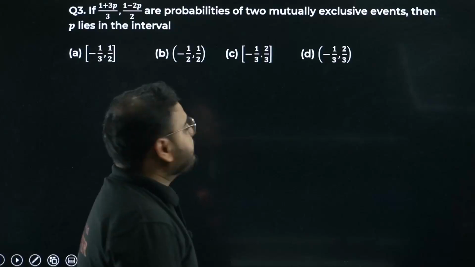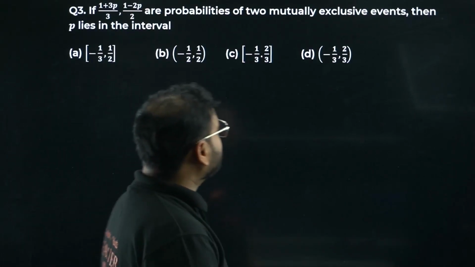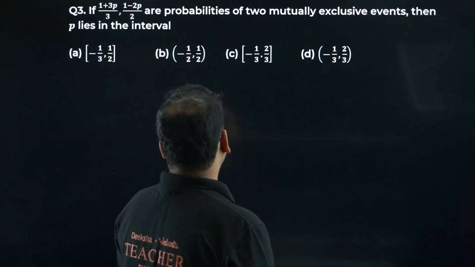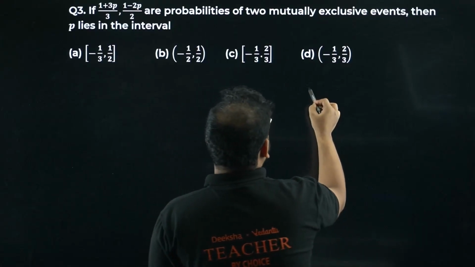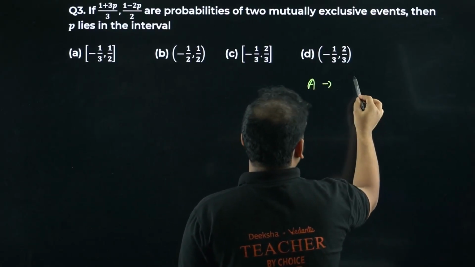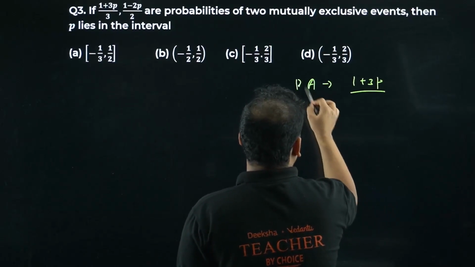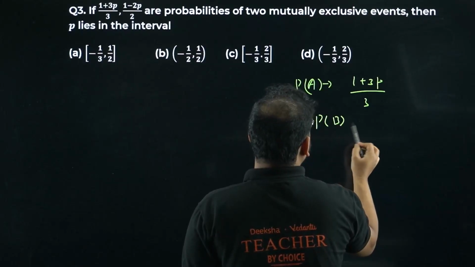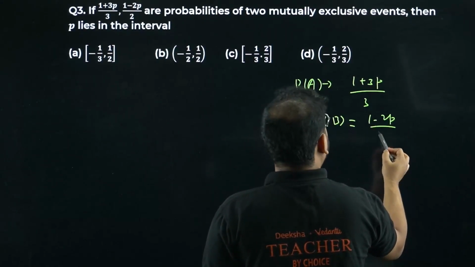Question number 3. If 1 plus 3p by 3 and 1 minus 2p by 2 are probabilities of 2 mutually exclusive events, p lies in the interval? Let's call these events A and B, where PA is 1 plus 3p by 3 and PB is 1 minus 2p by 2.